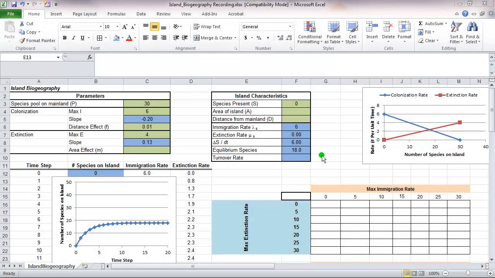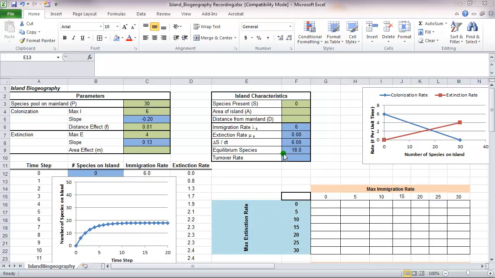The purpose of this video is going to be to continue building our island biogeography spreadsheet, and we're going to do two things. First, we're going to explore this concept of turnover rate and look at how changes in these maximum immigration rates and maximum extinction rates affect our equilibrium number of species.